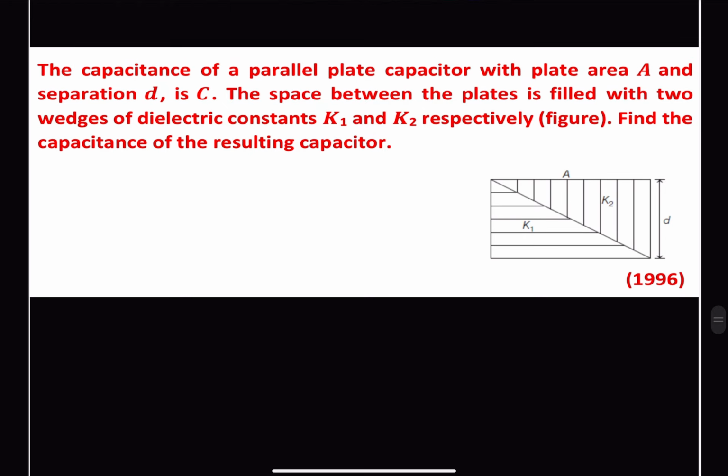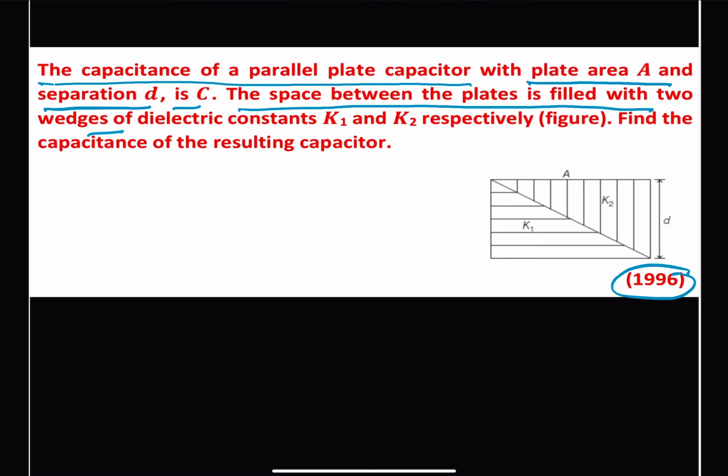This was asked in the year 1996, and it states that the capacitance of a parallel plate capacitor with a plate area A and separation D is C. The space between the plates is filled with two wedges of dielectric constant K1 and K2 respectively, as in the figure. Find the capacitance of the resulting capacitor.